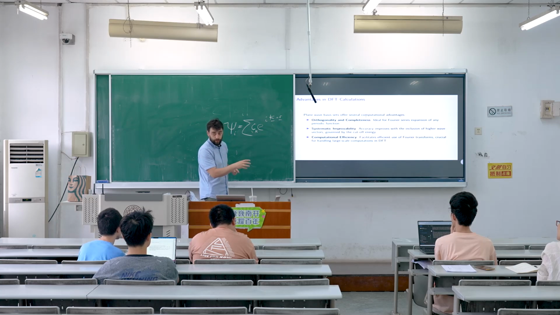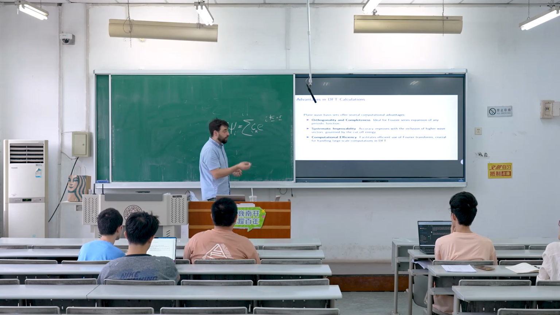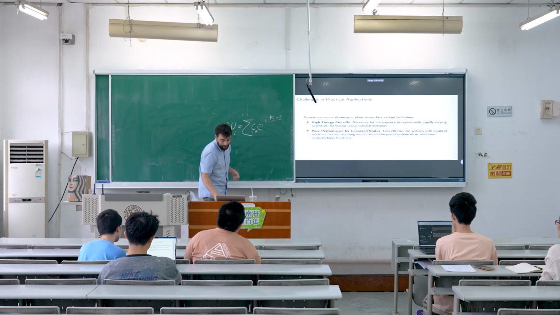This is very different to a Gaussian basis set, in that in a Gaussian basis set, you may add another zeta, you may add another polarization function, and your result may get worse. That does happen, right? With a plane wave basis set, you add more basis functions, your result will get better. Okay, systematic improvability.